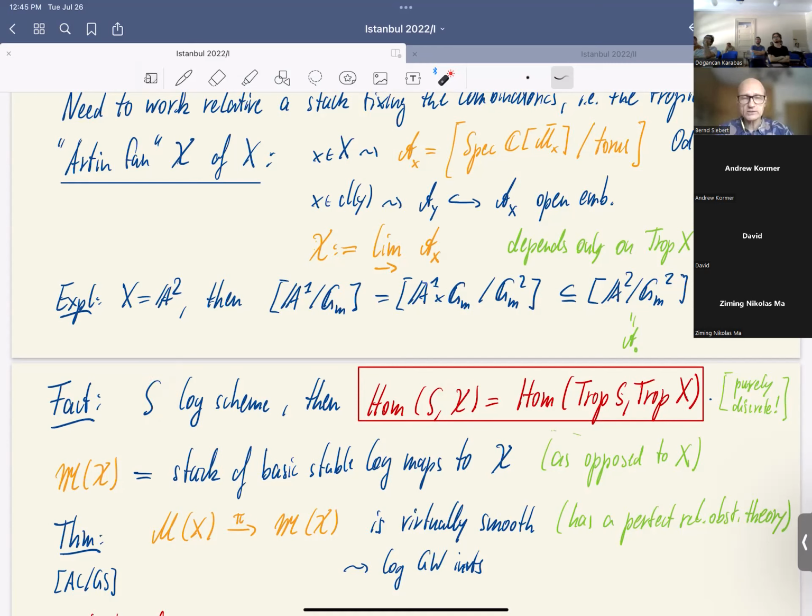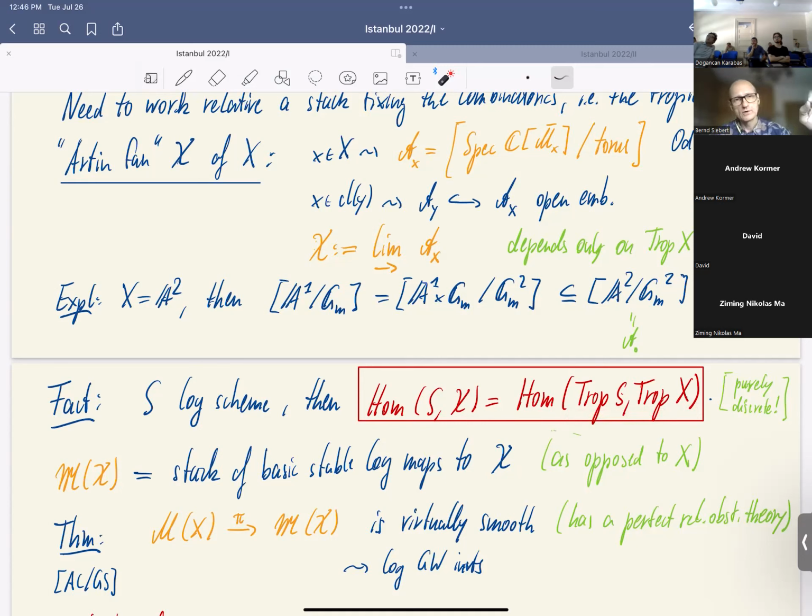And the only additional information that you have is this: once you have a domain curve with a log structure, you have a tropicalization, which is a family of length graphs, as we know. It's a cone complex. So you get this guy. And then you want a morphism from your curve to your curly X, which is the same as this kind of map from cone complexes.